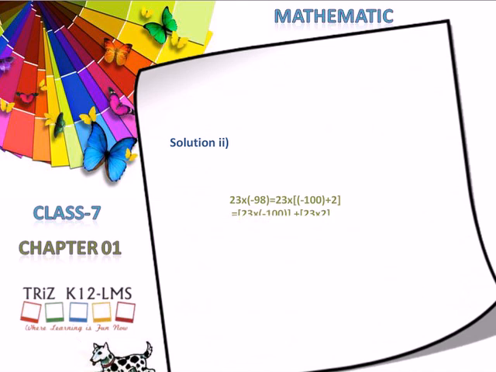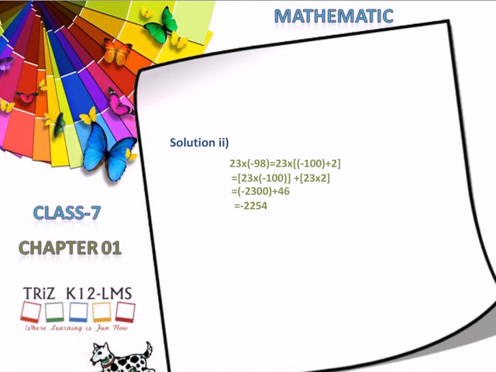Solution 2. 23 × -98 = 23 × (-100 + 2) = 23 × -100 + 23 × 2 = -2300 + 46 = -2254. Solution 3. 7 × -106 = 7 × (-100 + -6) = 7 × -100 + 7 × -6 = -700 - 42 = -742.